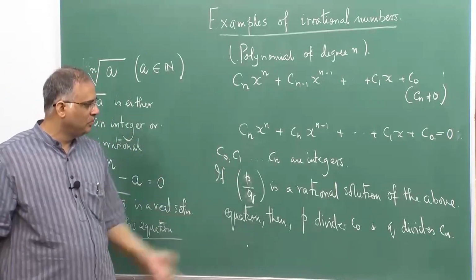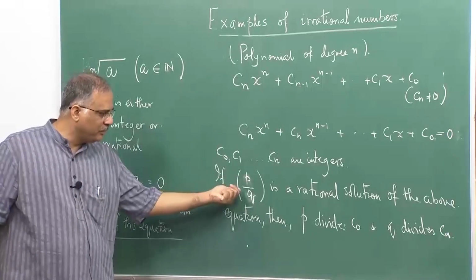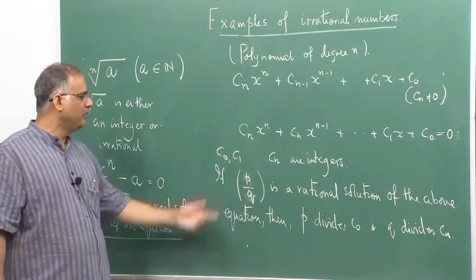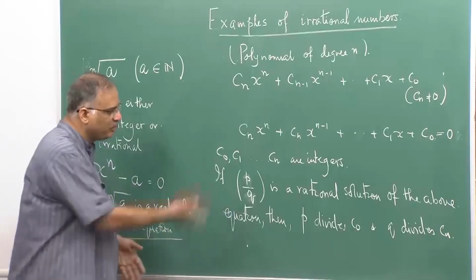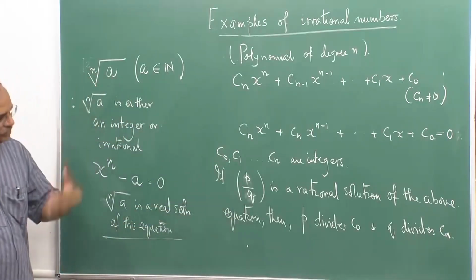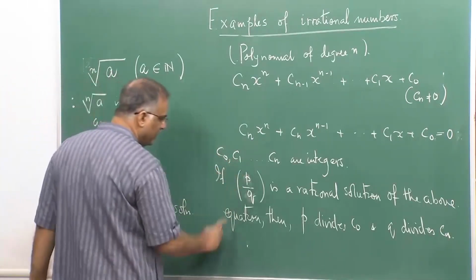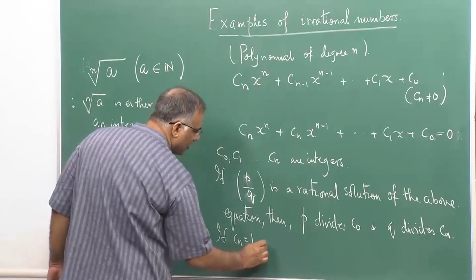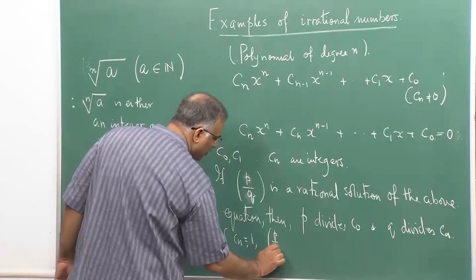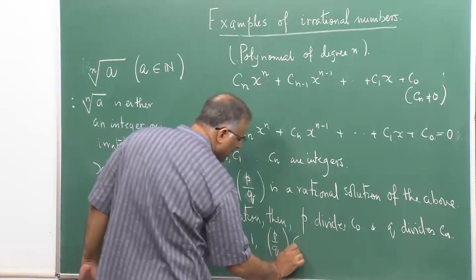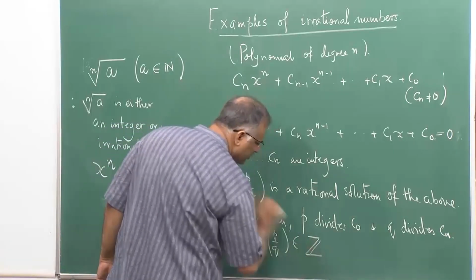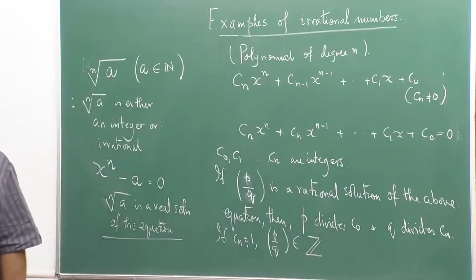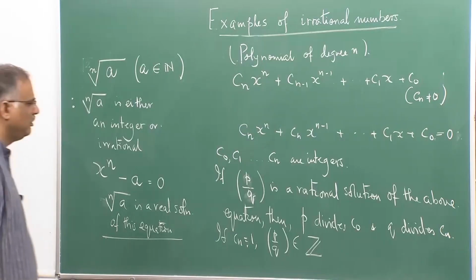Subsuming the sign of Q into P, you will have P by 1, and so this is an integer. So, if Cn is equal to 1, P by Q is an element of the set of integers. This is a very important result.